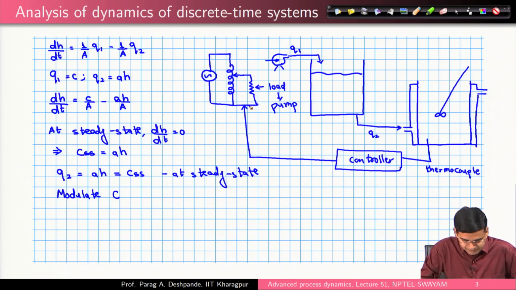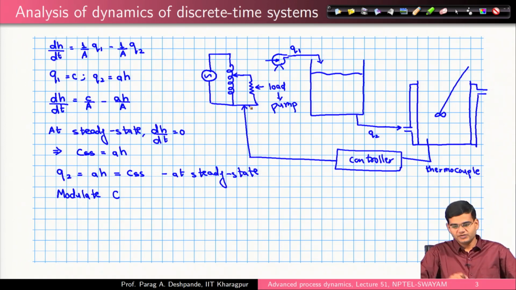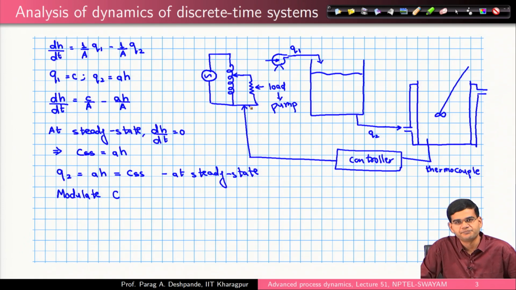Now, imagine that you have a system in which you have implemented this control algorithm or whole control system.